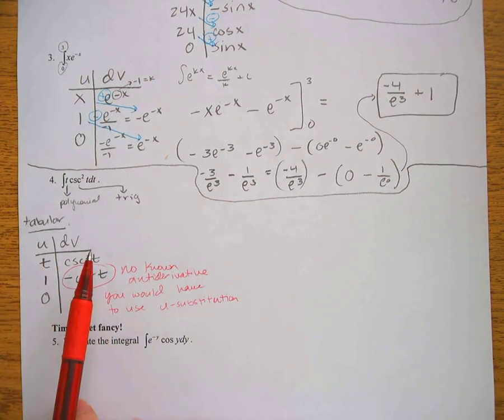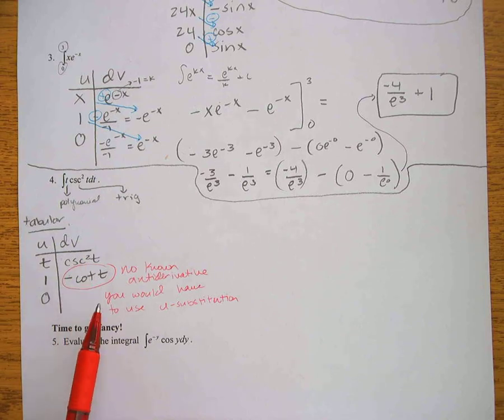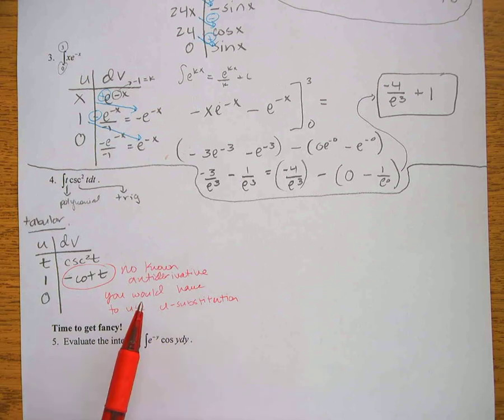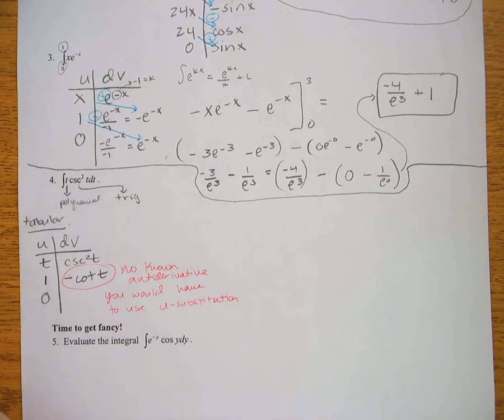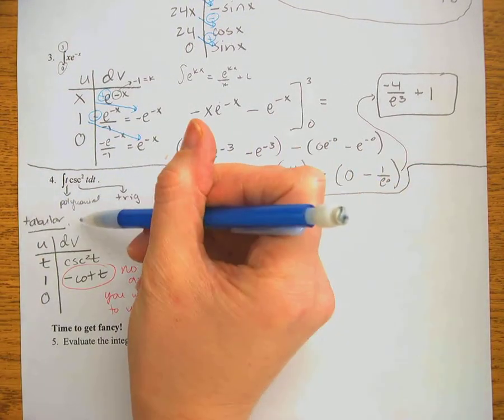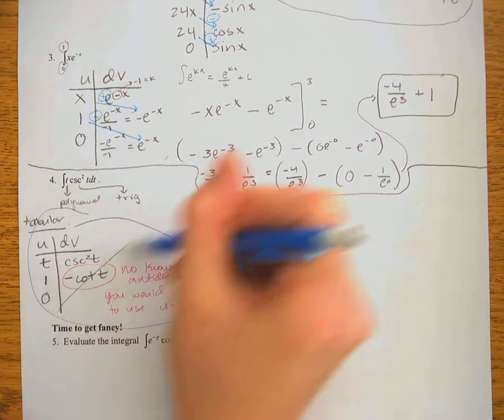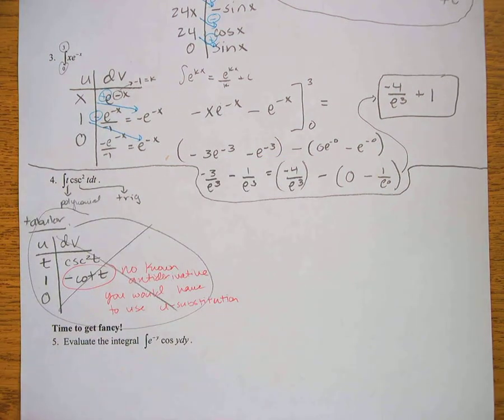It works really nicely when you can just find the antiderivatives easily, but if there's no known formula for the antiderivative, you have to use a u substitution, well, then it's a little bit harder. So you might as well just use the long form of integration by parts. So we'll cross out the tabular, and we'll go ahead and just do this the long way.